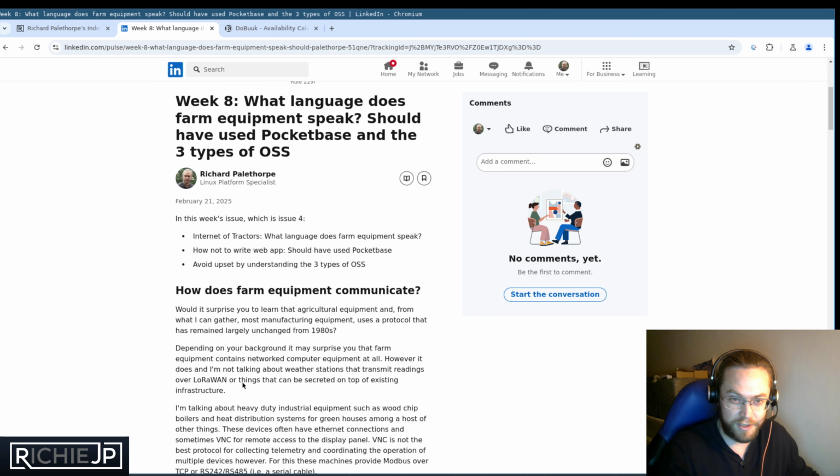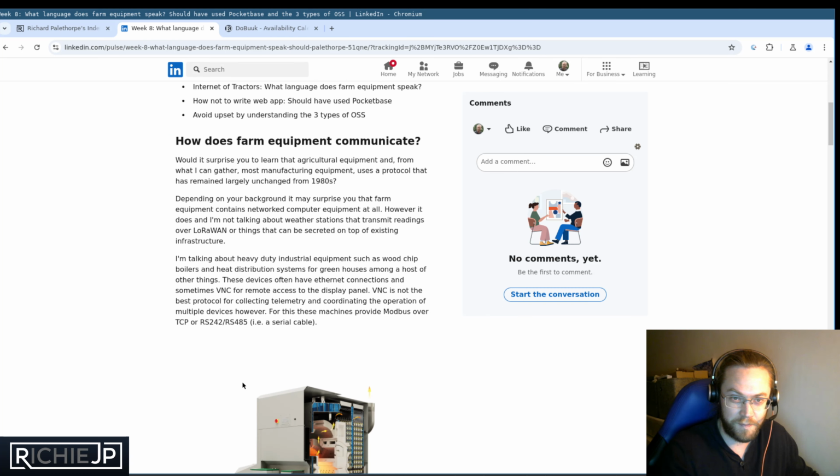Okay, so let's get started with farm equipment. Would it surprise you to learn that agricultural equipment, and from what I can gather, most manufacturing equipment uses a protocol that has remained largely unchanged from the 1980s? Depending on your background, it may surprise you that farm equipment contains networked computer equipment at all.